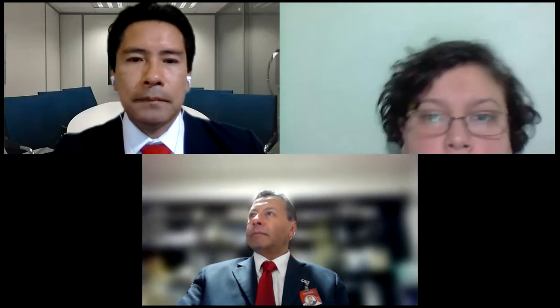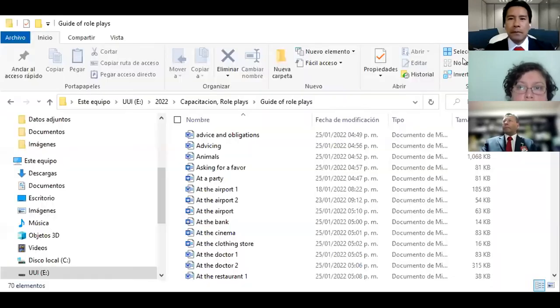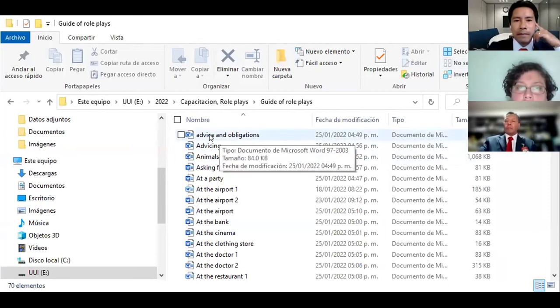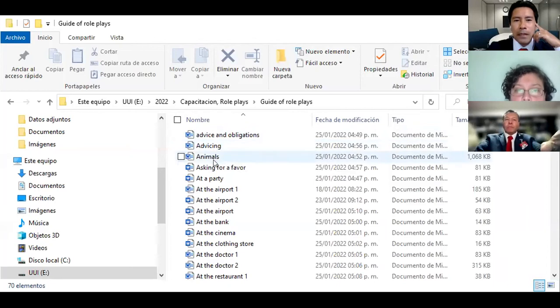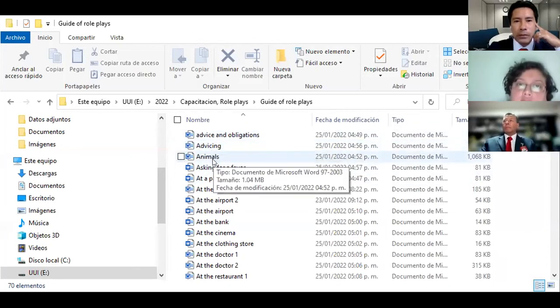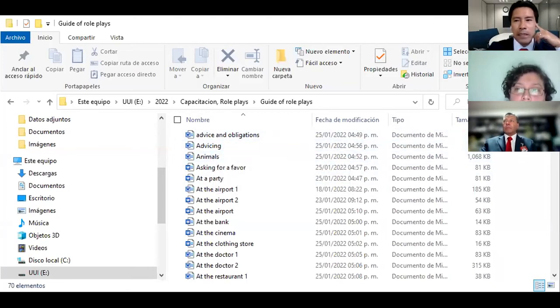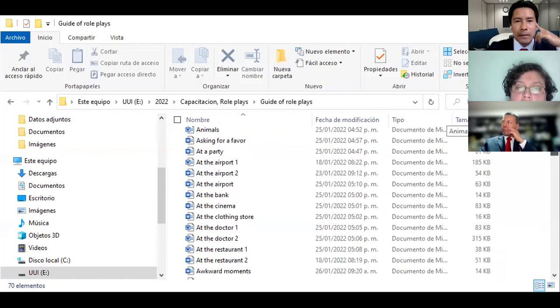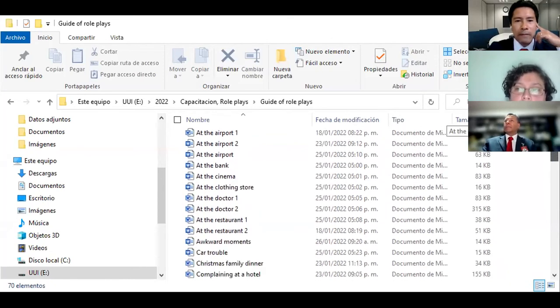Okay, I have it here. Pay attention, all of these are Word document files that include a big variety of options, situations. In general, I prepared 70 for you. They are in alphabetical order.